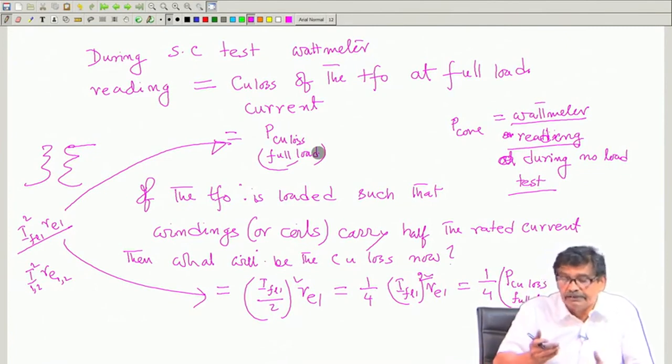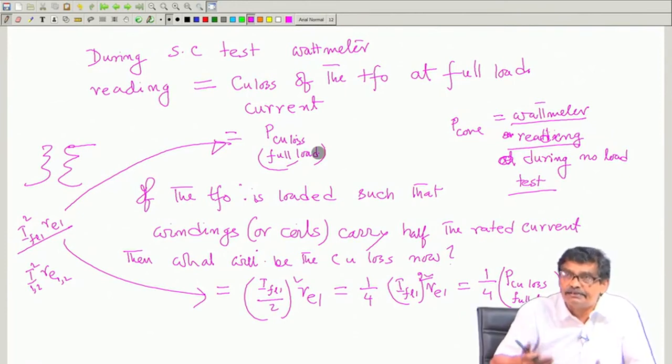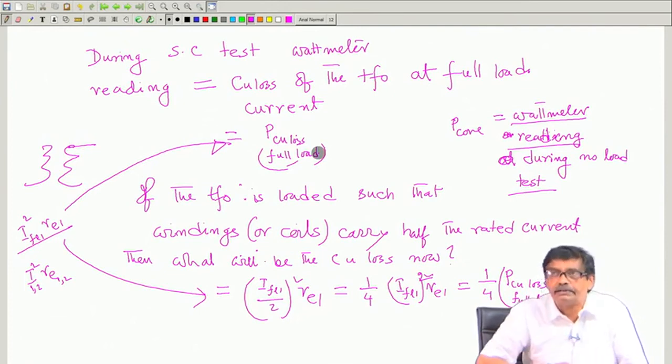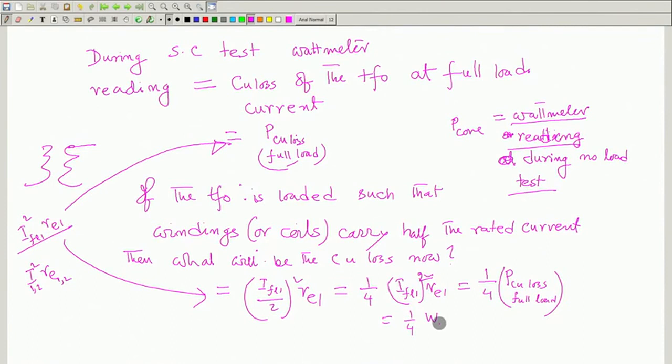If it is carrying 3/4 of the rated current, then the copper loss would be 9 by 16 into that at rated current. And it so happens this becomes equal to 1 by 4 into the wattmeter reading during the short circuit test. It is not compulsory to write it like this, but this concept is important.